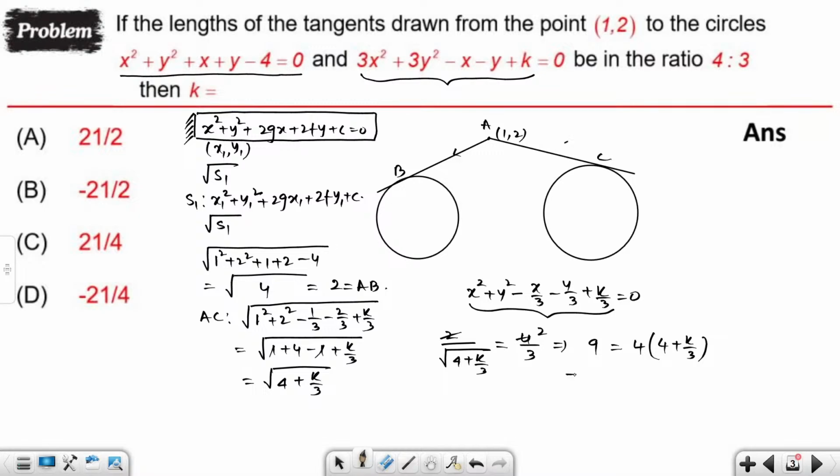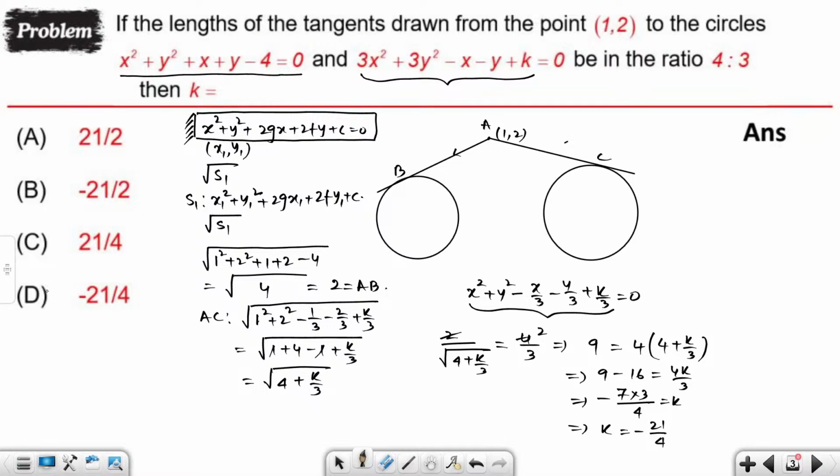From here we can find the value of k. It is coming like 9 minus 16 equals 4k over 3. So this is minus 7 into 3 over 4, which is nothing but k. Therefore, your k is coming to minus 21 over 4. That's it.